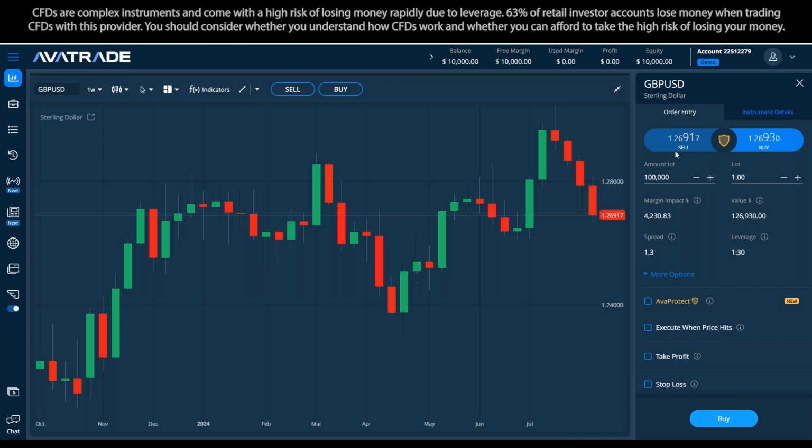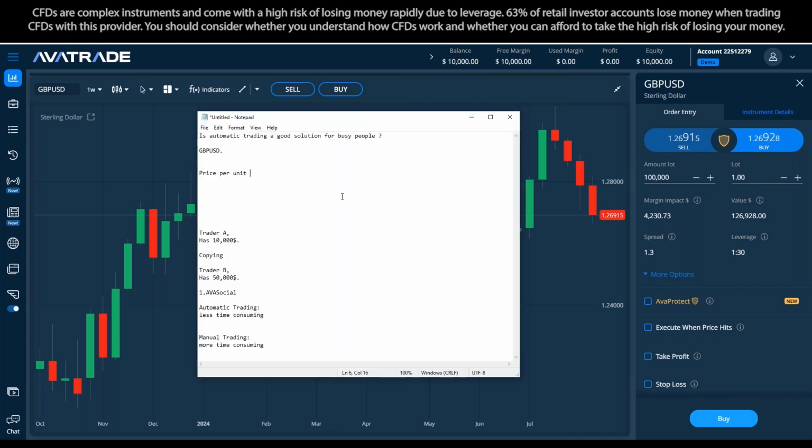But if I want to know how much this position is worth, it's not 100,000, it's 100,000 times that value, which gives us that value. In other words, we have price per unit, or difference in currencies, times amount of units equals value.